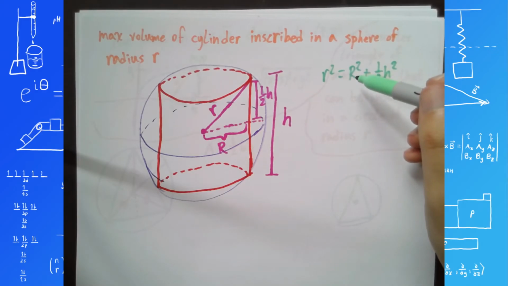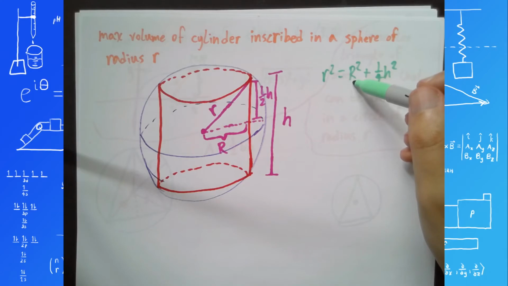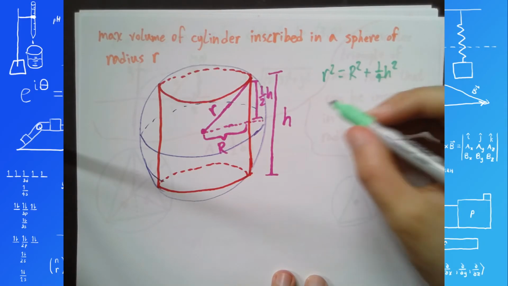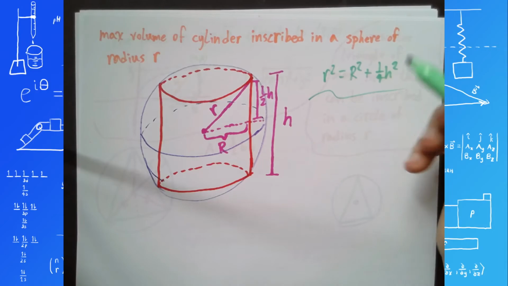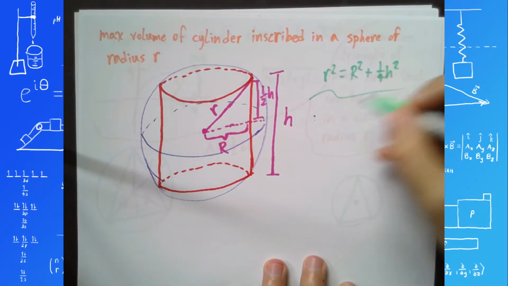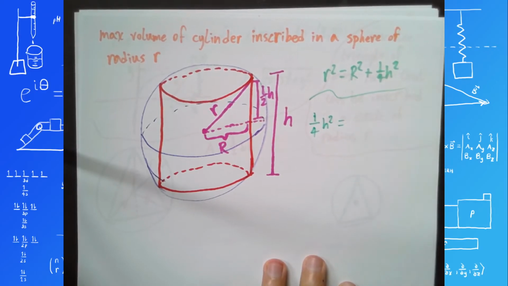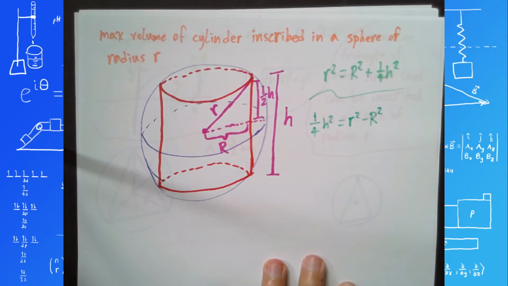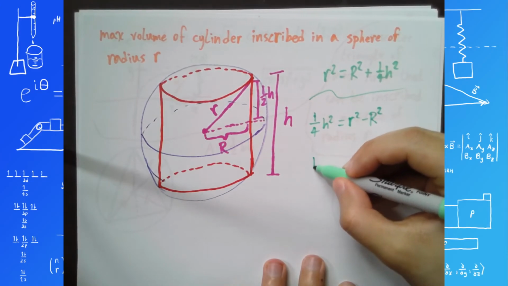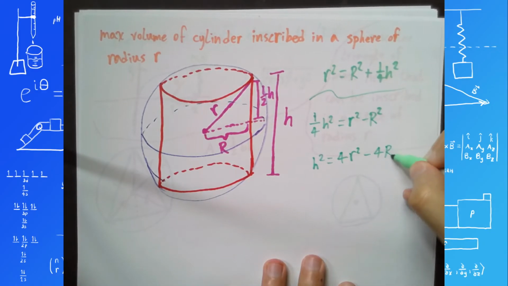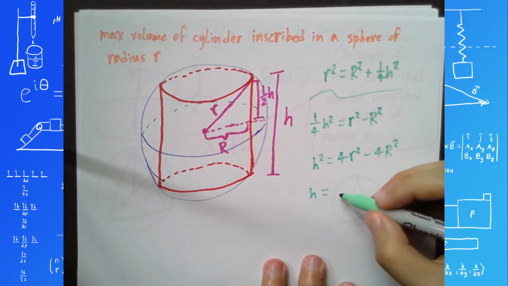So let's say big R is my variable, and then the relationship that relates them sounds kind of redundant, but if I wanted to solve for h in terms of big R, so I would say 1/4 h squared is equal to little r squared minus big R squared, which means that h squared is 4 little r squared minus 4 big R squared, which means h is equal to the square root of that.